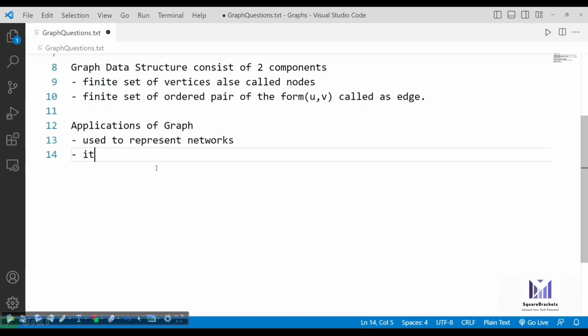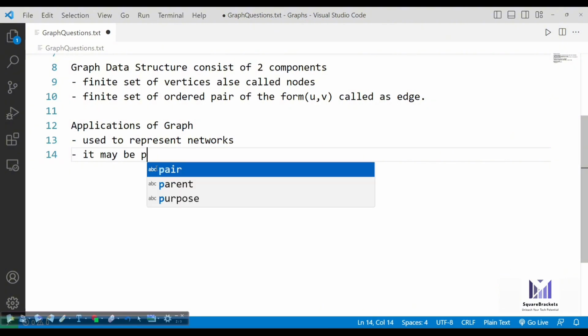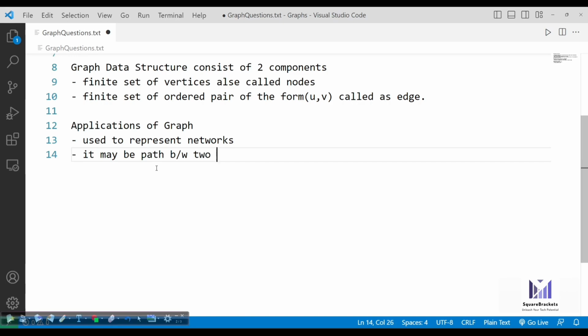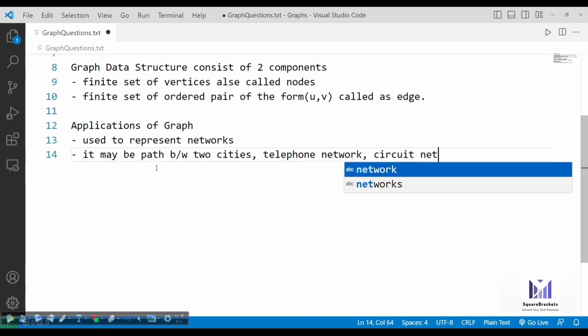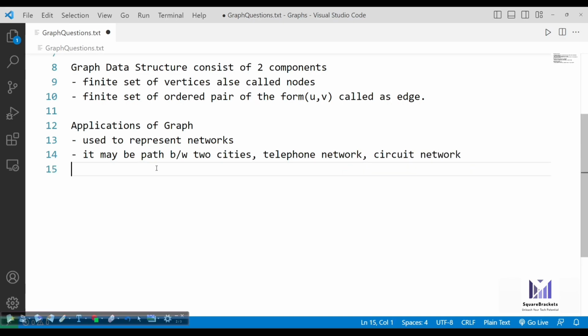It may be a path between two cities, though it's not mandatory that it is between two cities, or a telephone network, or a circuit network. So a graph could be used in any situation.